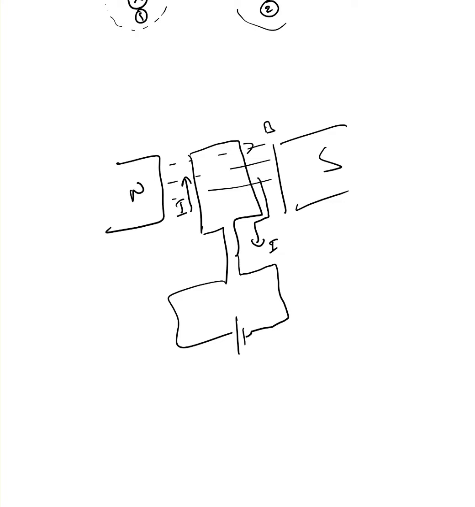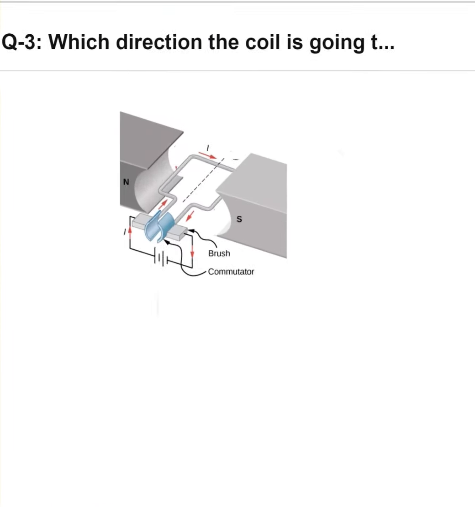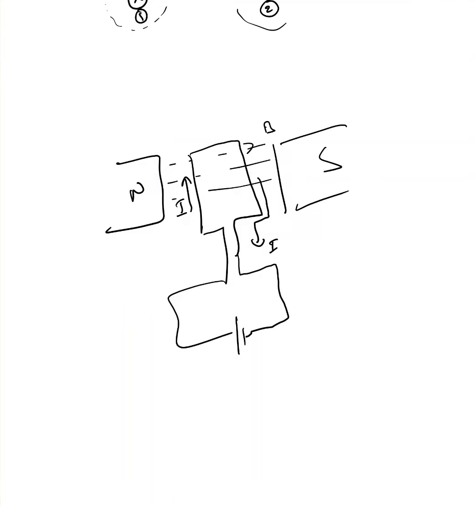I will show you one more time the diagrams. So you can see the simulation diagram here clearly. The current is going in on the left hand side, current is coming out on the right hand side. Here I'm going to use the right hand rule. So thumb indicates the force.